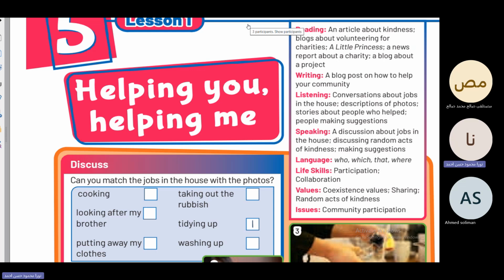We'll be learning a lot of values like random acts of kindness and how to participate in our community. So it seems like a busy unit, but let's take it step by step. Okay, let's start.